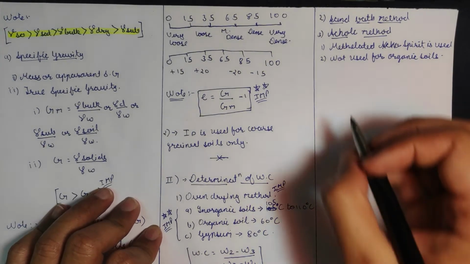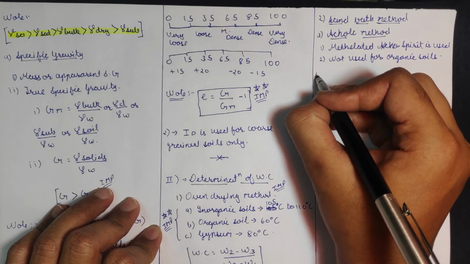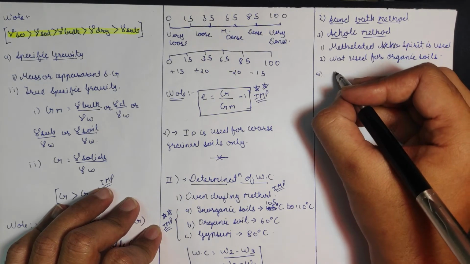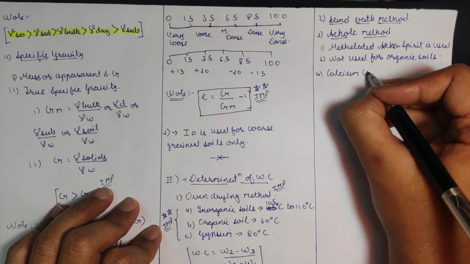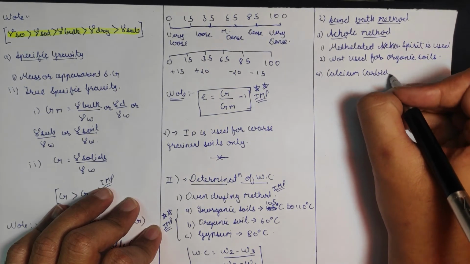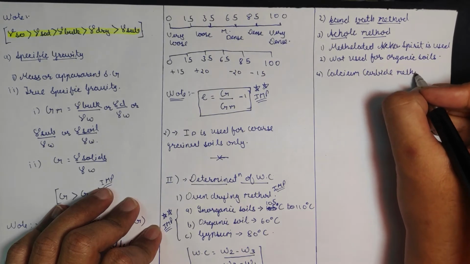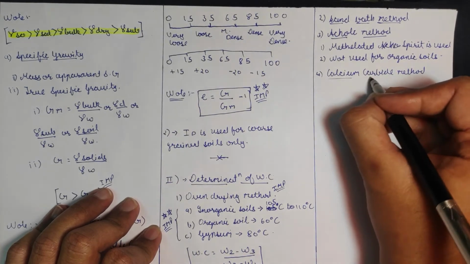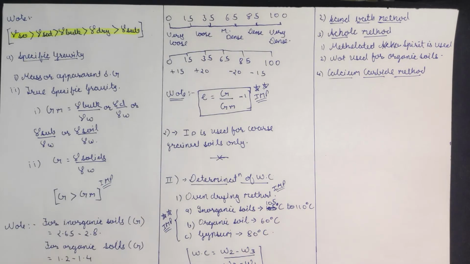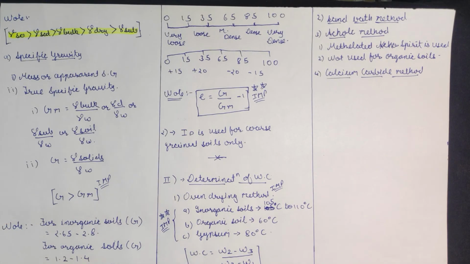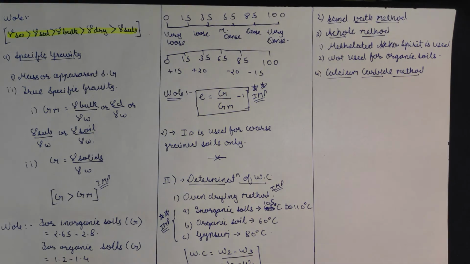The next method is the calcium carbide method. In this method, 6 gram of sample is kept in a moisture tester and mixed with calcium carbide powder.